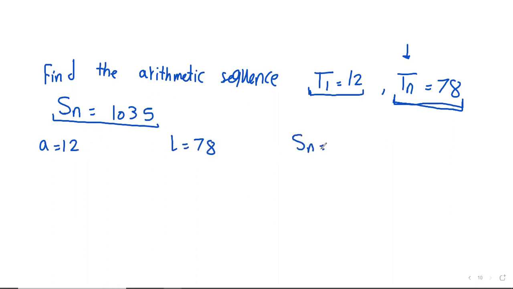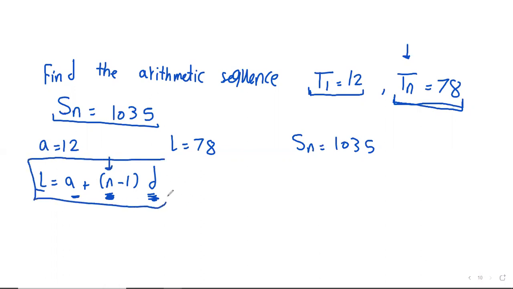And Sn equals 1035. So L equals A plus (N minus 1) multiplied by D. But we don't have D, we have L, we have A, and we don't know what N is. N is the number of terms. So leave this rule now. And we know that Sn equals N over 2 multiplied by (A plus L).